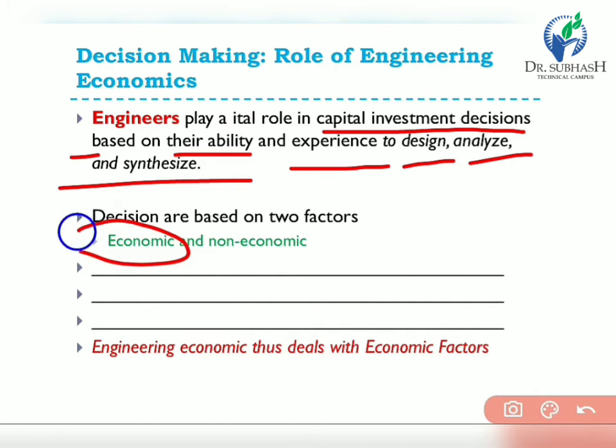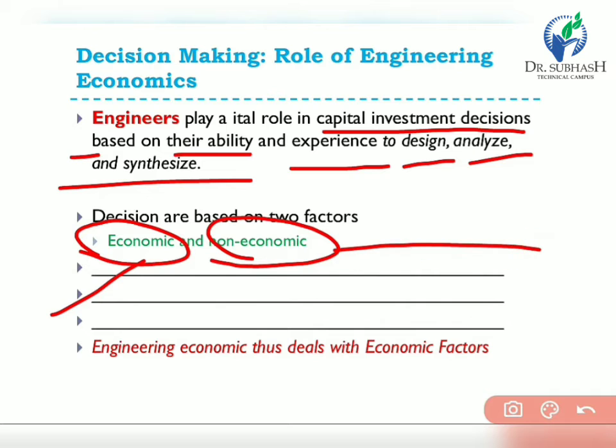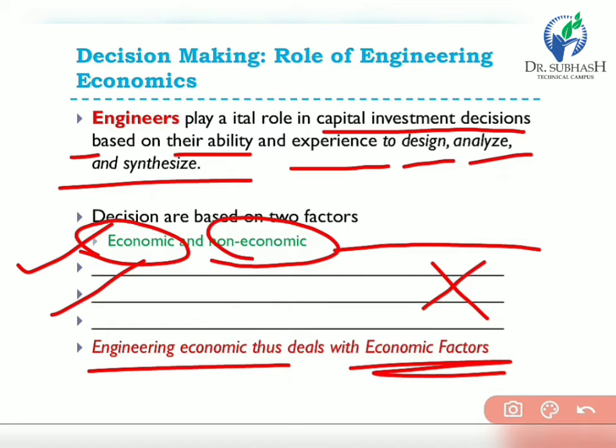First one is economic and second one is non-economic. Economics is where money is involved and non-economics is where money is not involved. So, what is engineering economics? Engineering economics deals with the economic factor. It means we stand here in economics, and in non-economics the role of engineers is very small.